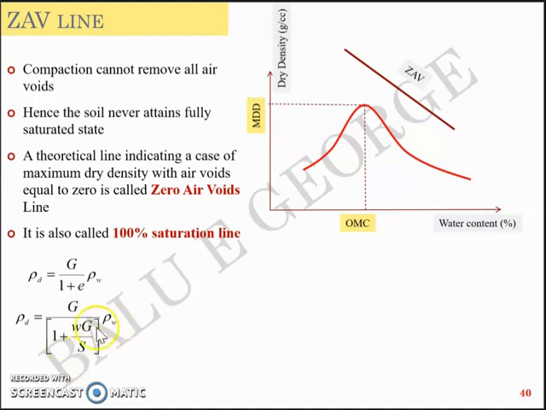Theoretically, in this expression, if I put S equal to 1, rho d becomes G rho w by 1 plus wG, because it's a concept where you don't have any air voids at all, and hence the soil is completely saturated. So I can have G rho w by 1 plus wG, and it can also be represented as (1 minus na) G rho w by 1 plus wG, where na is the percentage air voids.